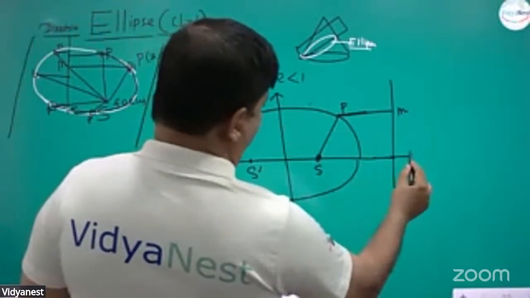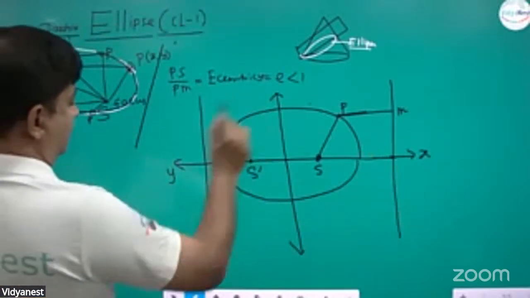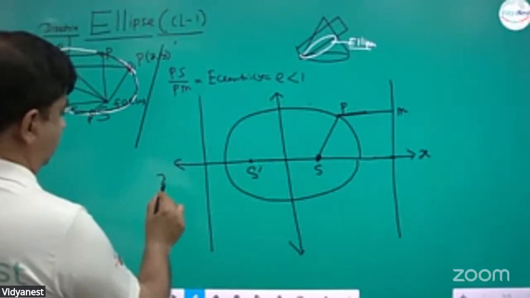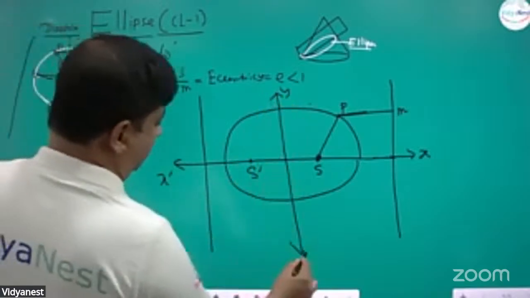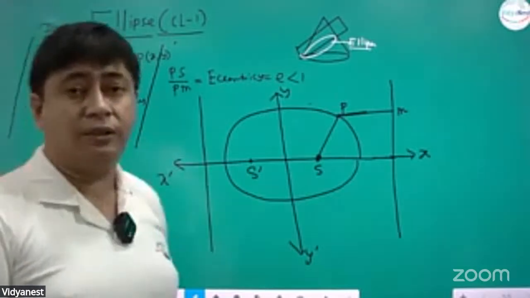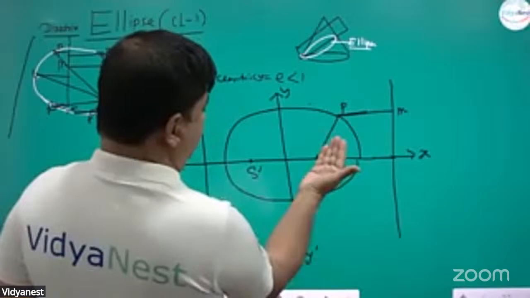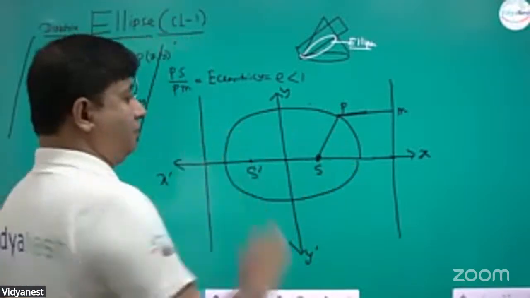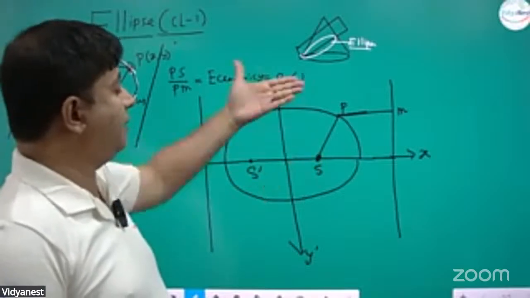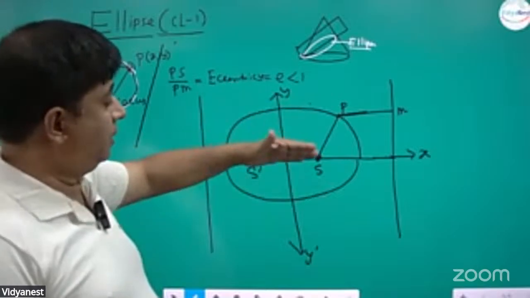This is x-axis, this is y-axis, sorry, x dash, this is y, y dash. Always remember that the right part of y-axis is symmetrical with the left part of y-axis, and the part above x-axis is symmetrical to the part below x-axis.